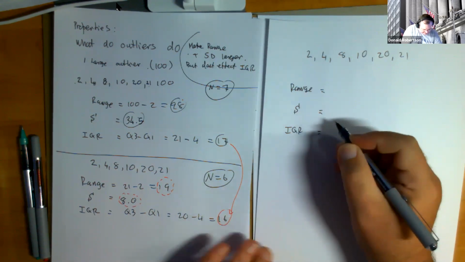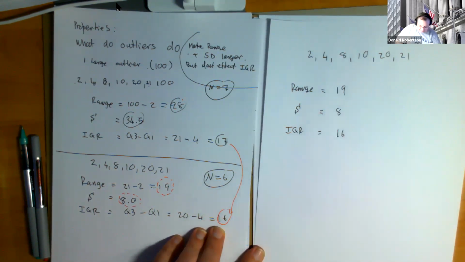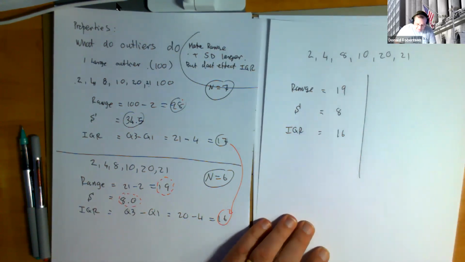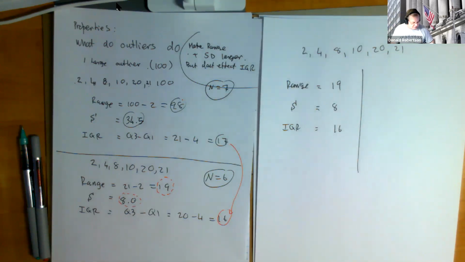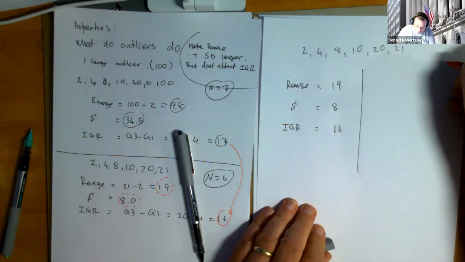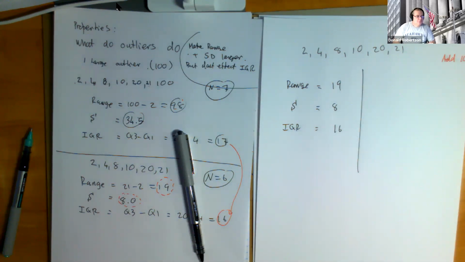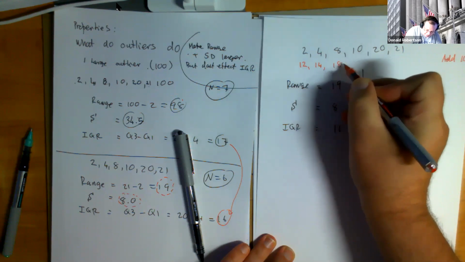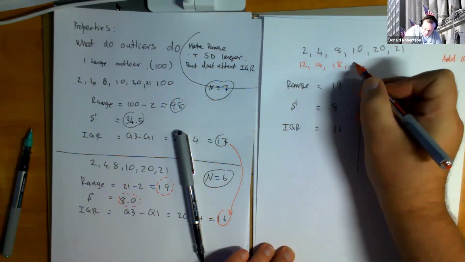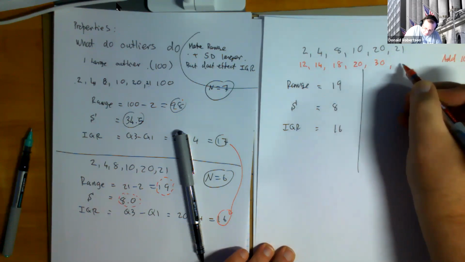And this was 19, this was 8, and this was 16, right? Suppose I take all these data points and I add 10 to them all. So this number becomes 12, this becomes 14, this becomes 18, 20, 30, 31.